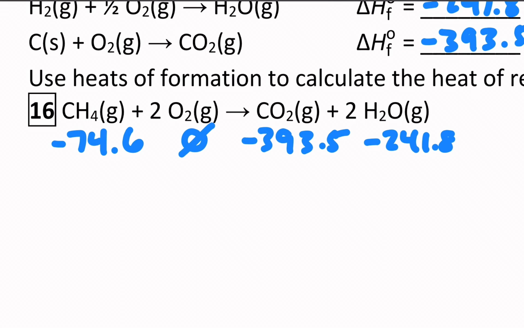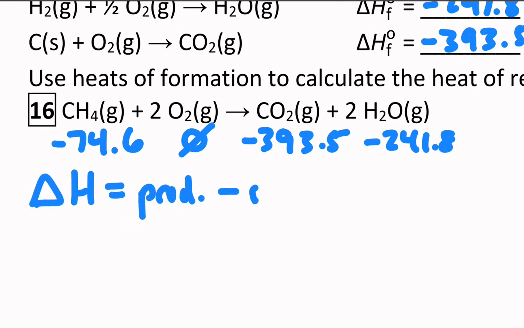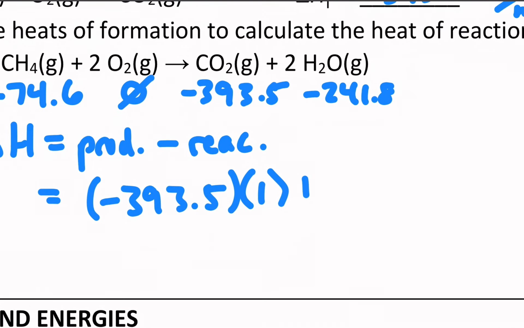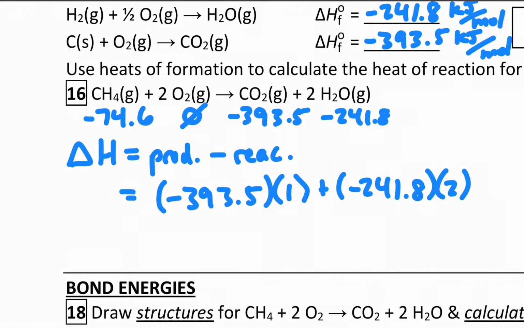So then the delta H of this reaction would be the products minus the reactants. So I'm going to take negative 393.5. I'm going to multiply it by 1 because it has a coefficient. And then negative 241.8 multiplied by 2 because of its coefficient.